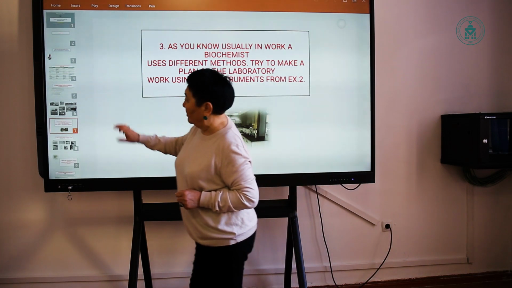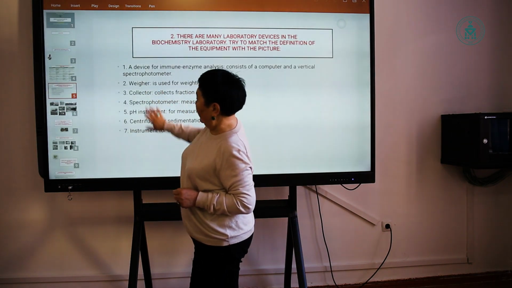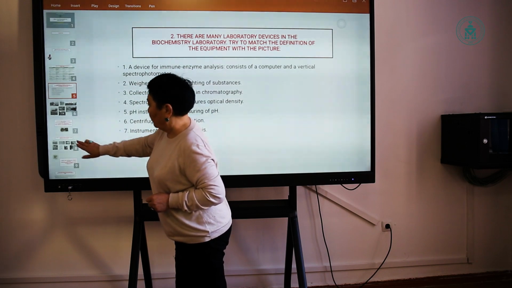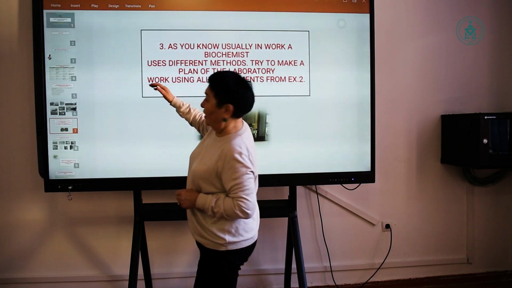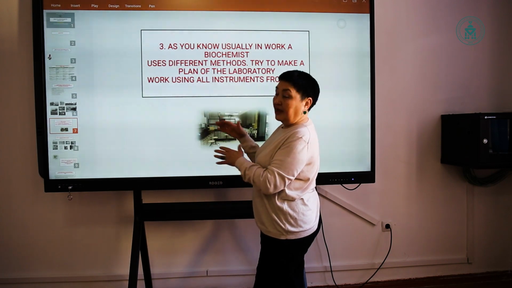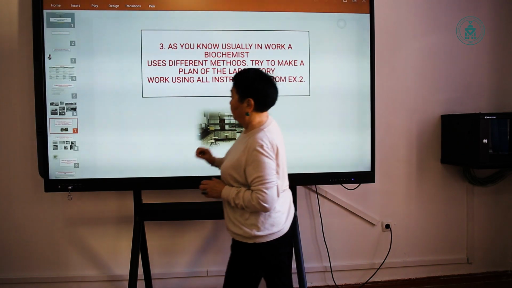Exercise 2 I gave previously. Again there are 7 statements. And as you see, all tasks are connected for consolidation of the vocabulary.